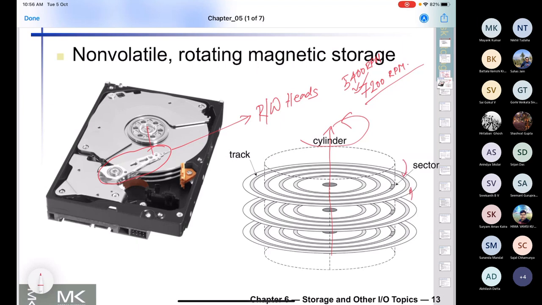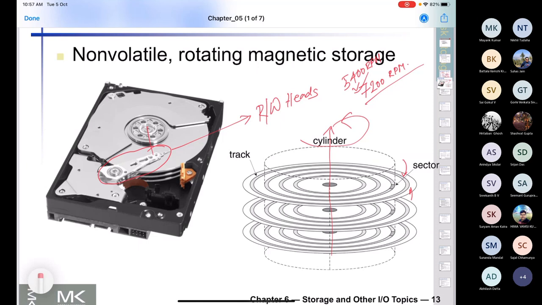So for each of the disks, both sides can contain data. If you have seen old gramophone records, they also used to contain songs on both sides. So it is kind of similar, and reads and writes can be performed simultaneously or not simultaneously from both sides. Okay. Data is arranged in circular tracks.